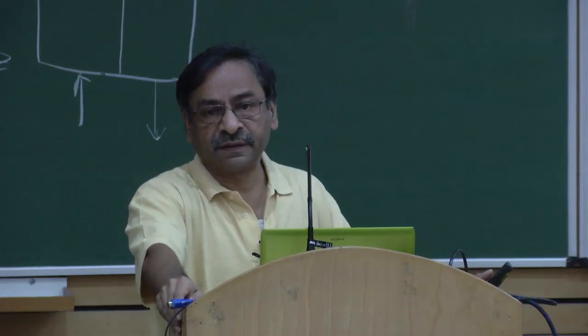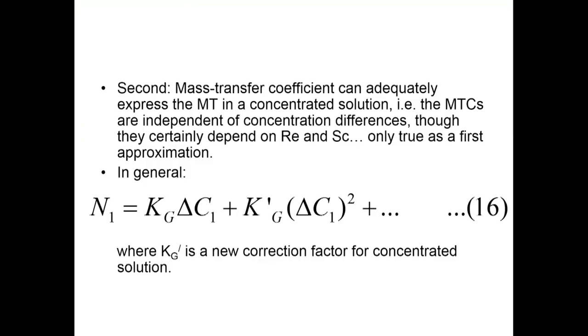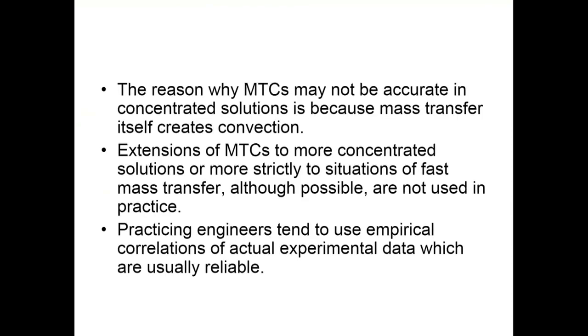Actually, the flux would be given by a series of terms like this, kg delta C1, kg prime delta C1 square, etc. And we have simply neglected the higher order terms, delta C square and higher, and took this approximation which should be true only for the dilute vapor case. So that is one more approximation that one has to note.